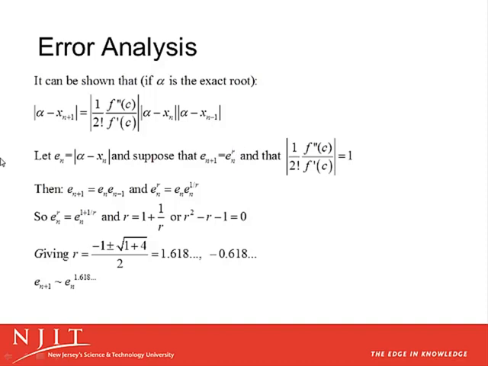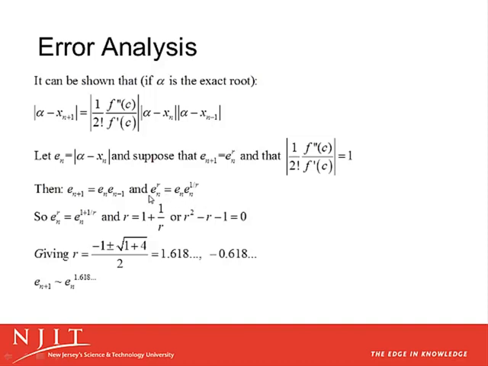So if we plug that in over here, e_n to the r is the error at the n plus first step, then what we get is the error at the nth step to the rth power is equal to the error at the nth step times the error at the n minus first step, which would be the error at the nth step to the 1 over r.